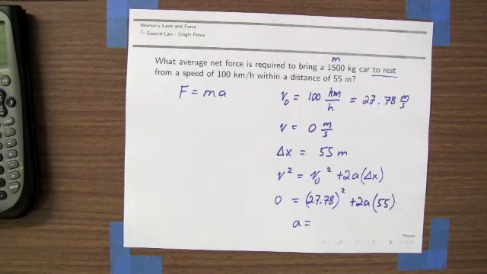What do you get? 27.78 squared equals 771.7. Oh wait, why?